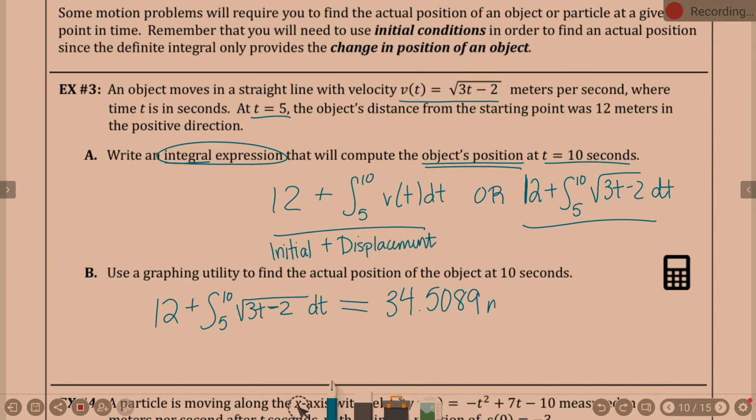Now, if I go just 3 decimal places, it's what? 34.509 or 34.508, 34.5089, all equivalent on AP. Okay? They're going to look at your first 3 decimal places, and you can either truncate or round. Okay?